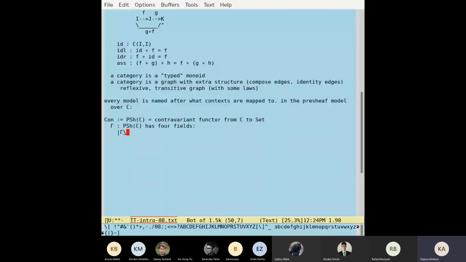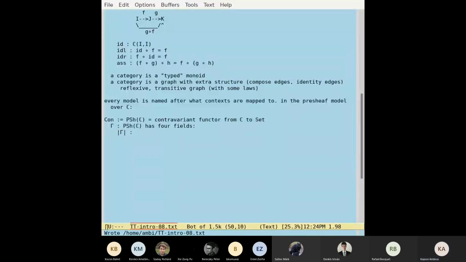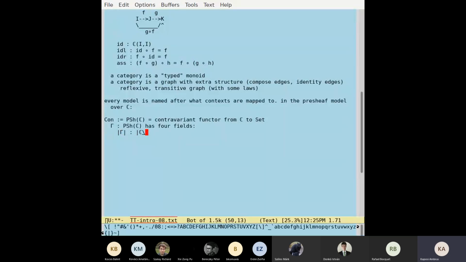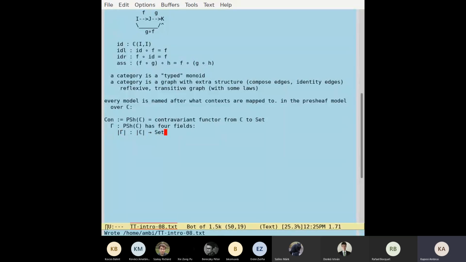So it again has this component, which is for each element of C, we get a set. Okay. So gamma gives you a family of sets over objects. So for every object, we get a set. And then we also have a restriction operation. Okay. So what are these usually called?